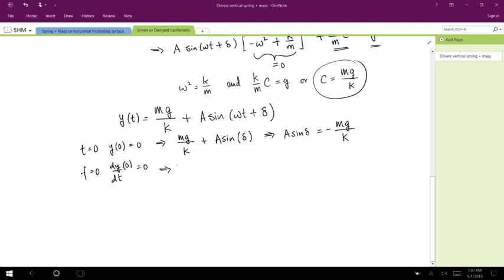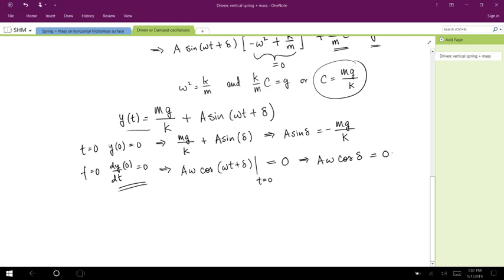If I take the time derivative of y of t, the first term, which is a constant, will not appear, so we will only have A omega cosine omega t plus delta, evaluated at time t equals 0. And this must also be equal to 0 because at the initial instant dy dt is 0. So this gives me A omega cosine delta is equal to 0.